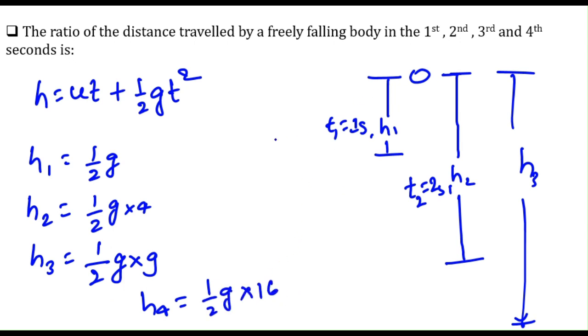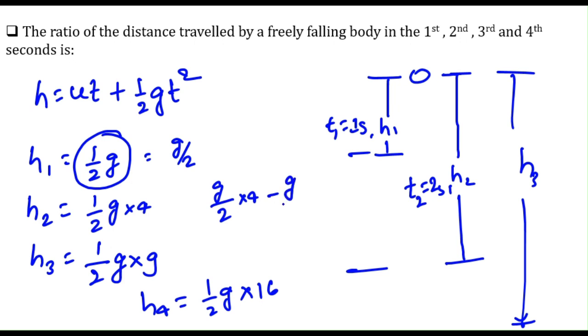Now we can just take these separations, and we can say how much distance it is covering in each and every interval. So in the first interval, suppose it is covering g by 2. In the second interval, it is covering g by 2 into 4 minus g by 2. This one will be h2 minus h1.